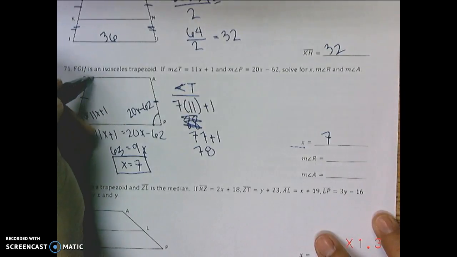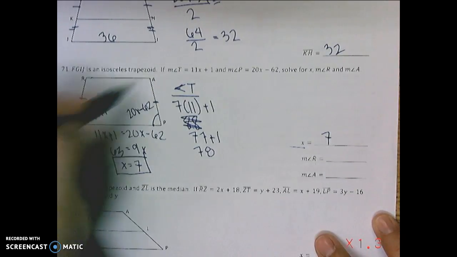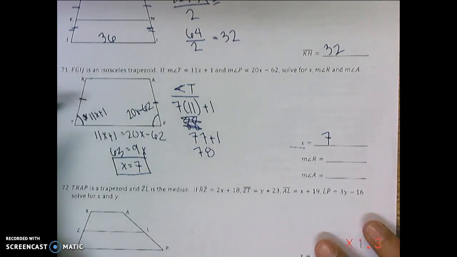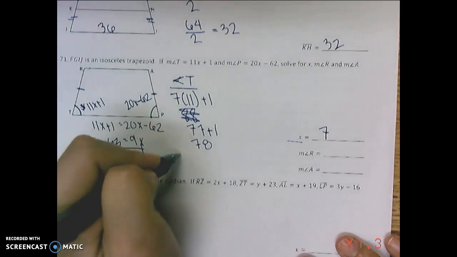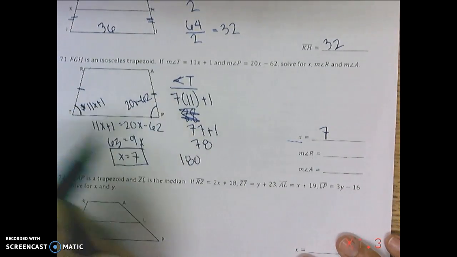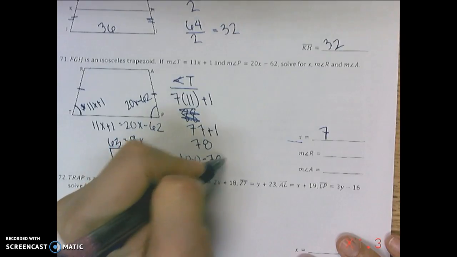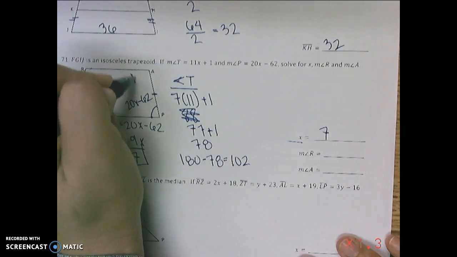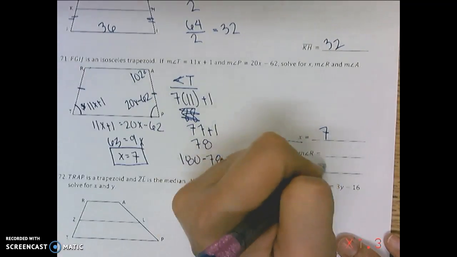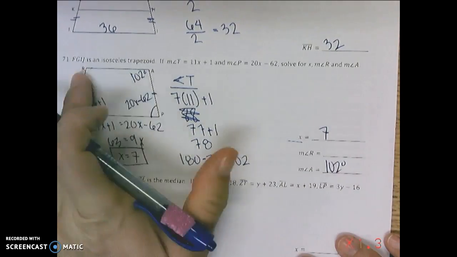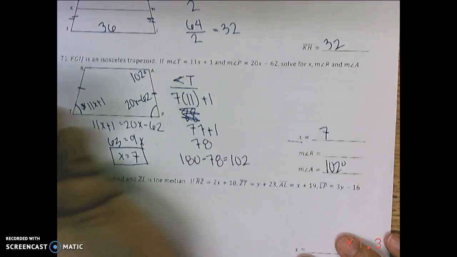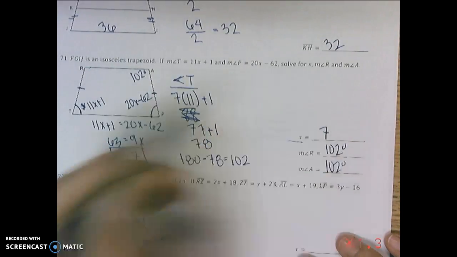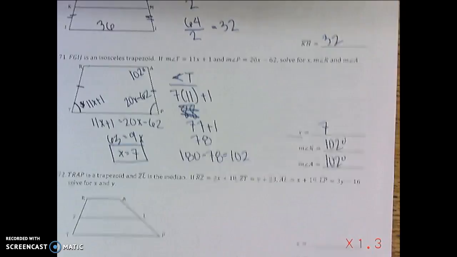All right, remember, the opposite angles are supplementary. So I'm going to do 180, supplementary, they add to 180, minus 78, and that will give me 102. So that means angle A is 102. And these two angles are also congruent. They're bases, right? So 102 is what R would be as well.